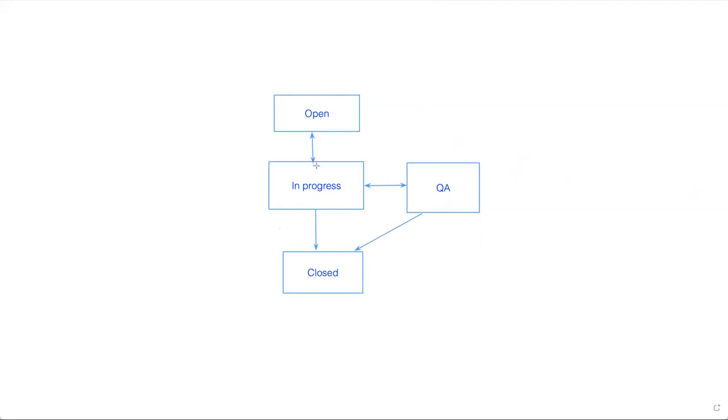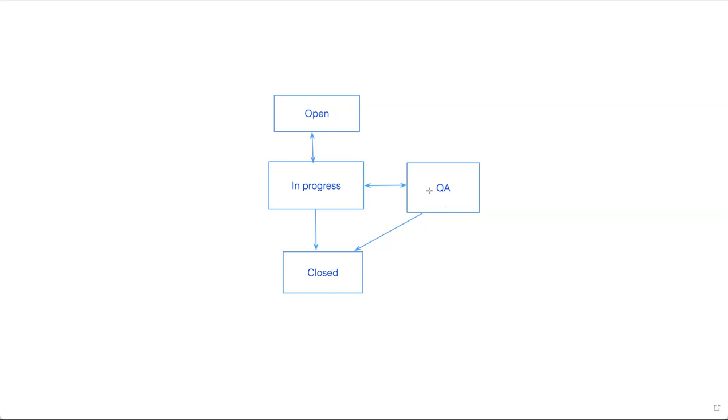The QA tester will test the bug to see if it is working or not. If it is working, he simply closes the ticket, saying the bug is fixed by the developer.